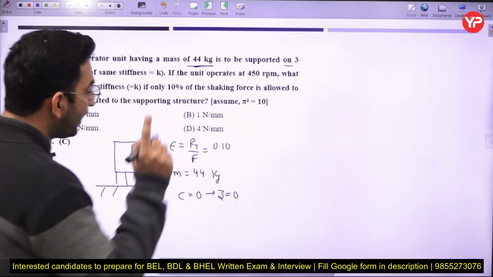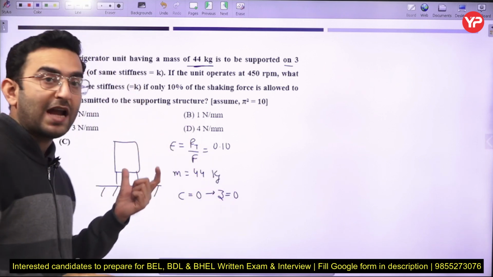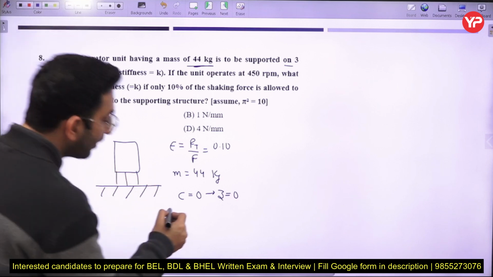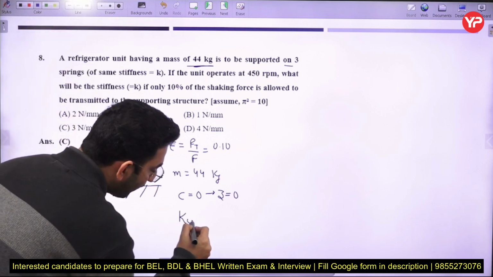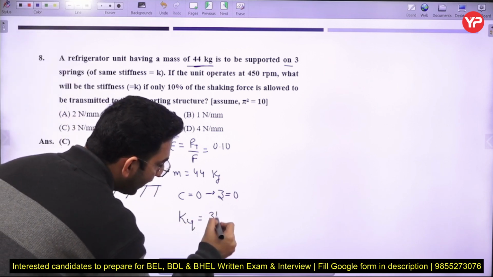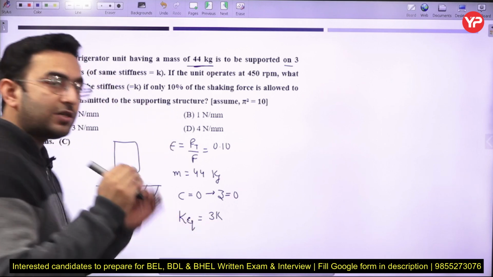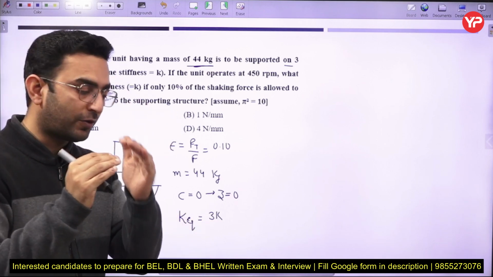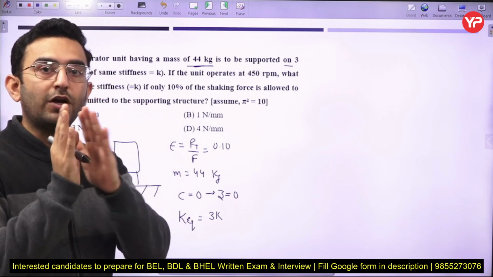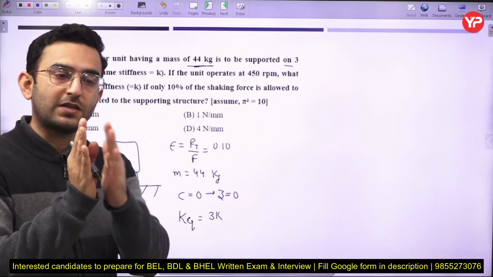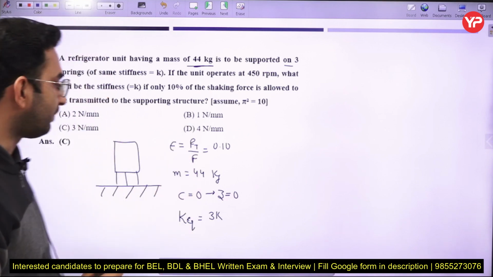And here the 3 springs are in parallel connection with each other, so K equivalent is going to be equal to 3 times K, because in the case of parallel connection of springs, the equivalent stiffness can be calculated by simply summing all the stiffnesses.